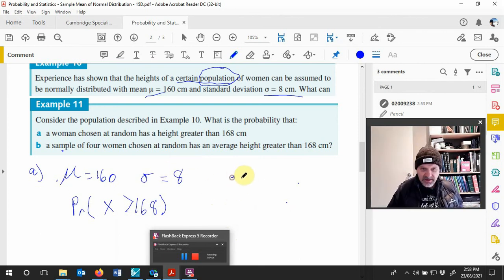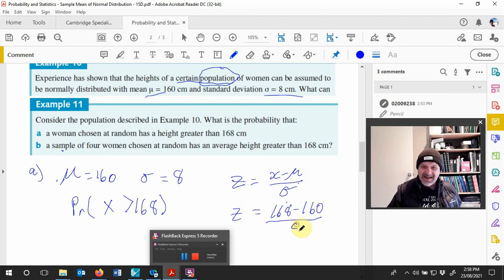And so don't forget that conversion factor back to Z is x minus the mean over the standard deviation. So if this is our x value, our Z value would be 168 minus the mean, which is 160, over 8, which is 8 over 8, which is equal to 1.